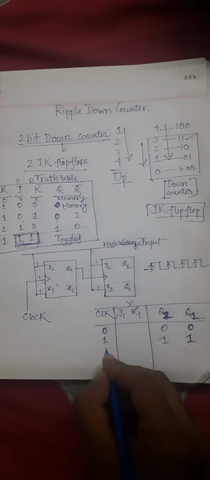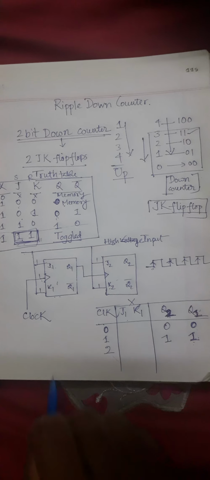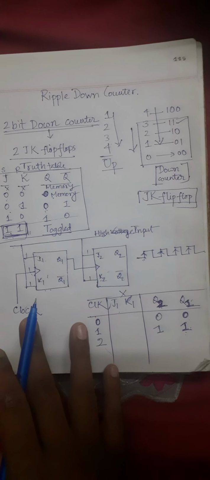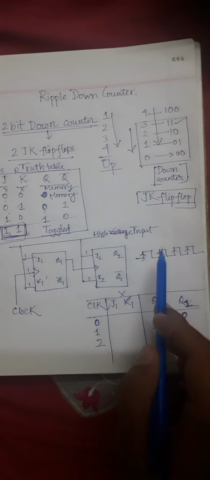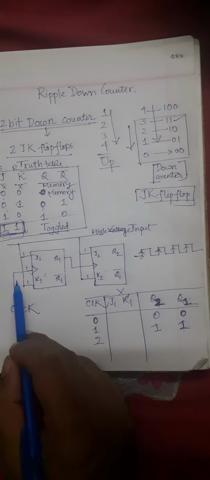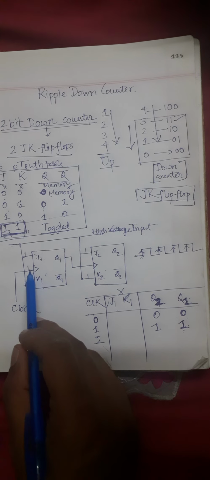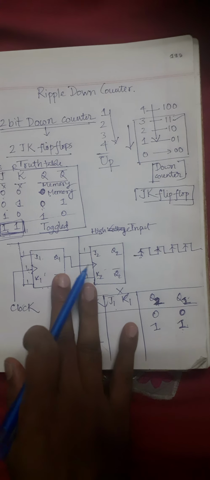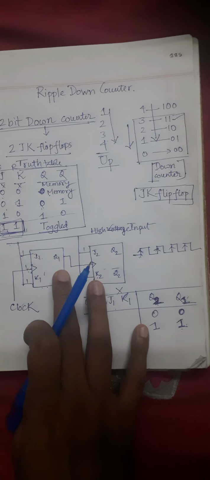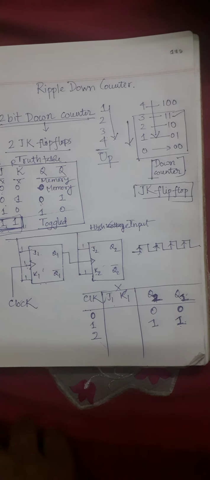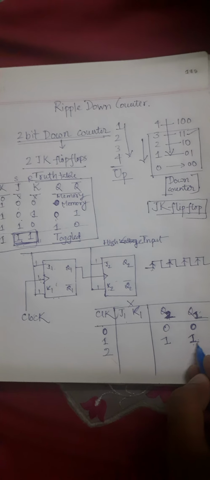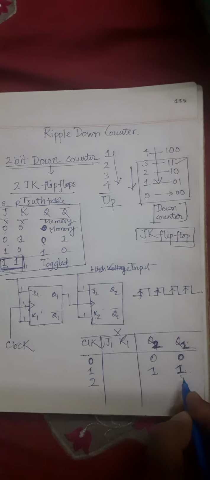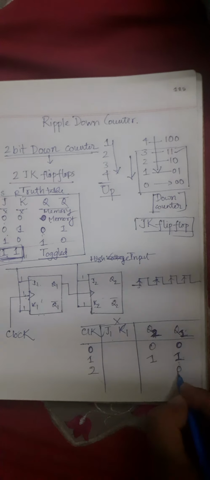Next, in the second clock cycle, what will happen at that moment? At the second clock cycle, again we are providing 1 to this flip-flop. That means we are triggering the first flip-flop. Due to this triggering, we will have a toggled value of q1. Previously, the q1 value was 1, so if it gets toggled, it should become 0.